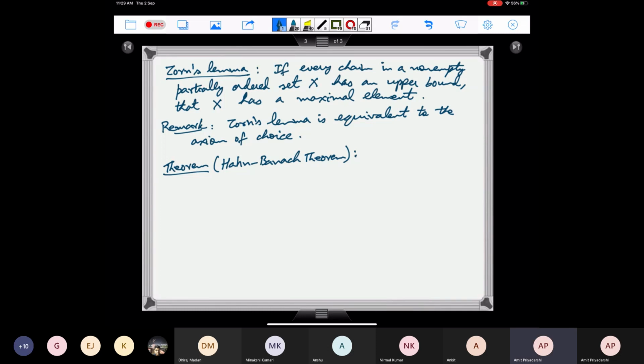First I'll state a general version for vector spaces, and then we will see for normed linear spaces how to write that.